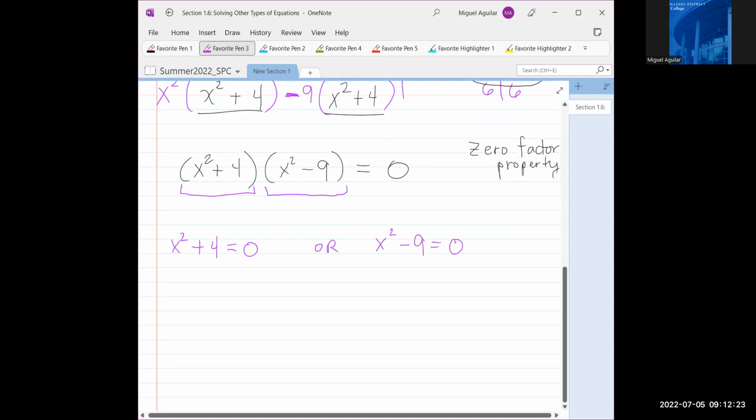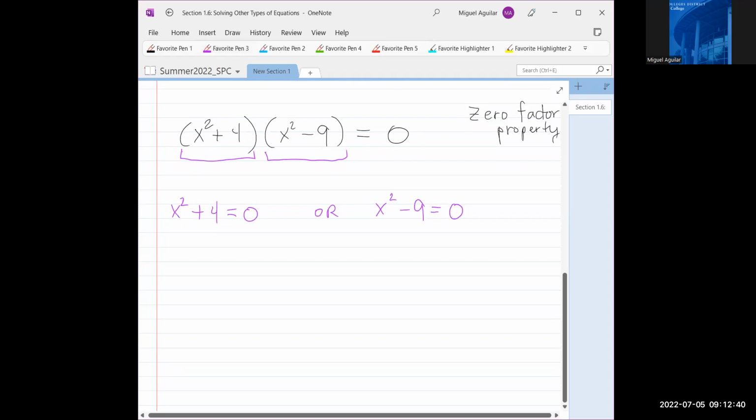Okay, so just like when we get to the end of solving a quadratic equation using the zero factor property, we're going to be able to use that here as well, because we have a factor times a factor and we get 0. So one, the other, or both of them must be equal to 0. Okay, but the trick here is now that these little equations that we've set up and set equal to 0, they're not linear equations.